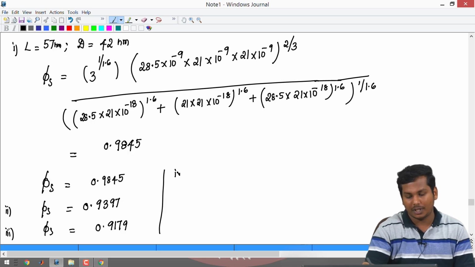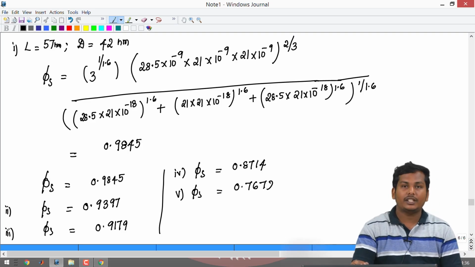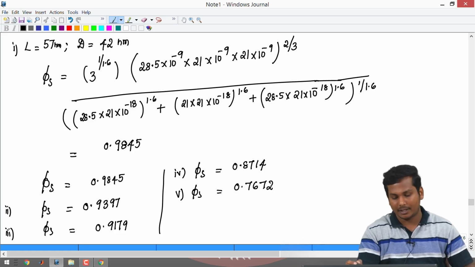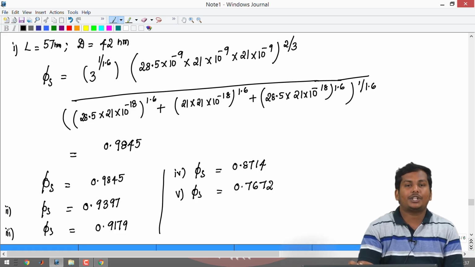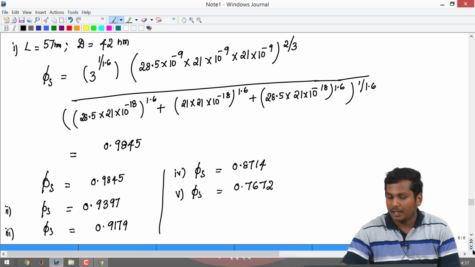For the fourth case, pi s comes out to be 0.8714, whereas for the fifth case it comes out to be 0.7672. So, these are the different sphericity values for different aspect ratios of the particles, and we see that when aspect ratio is being increased, we see a decrease in the sphericity. So, that is the last part of the problem.